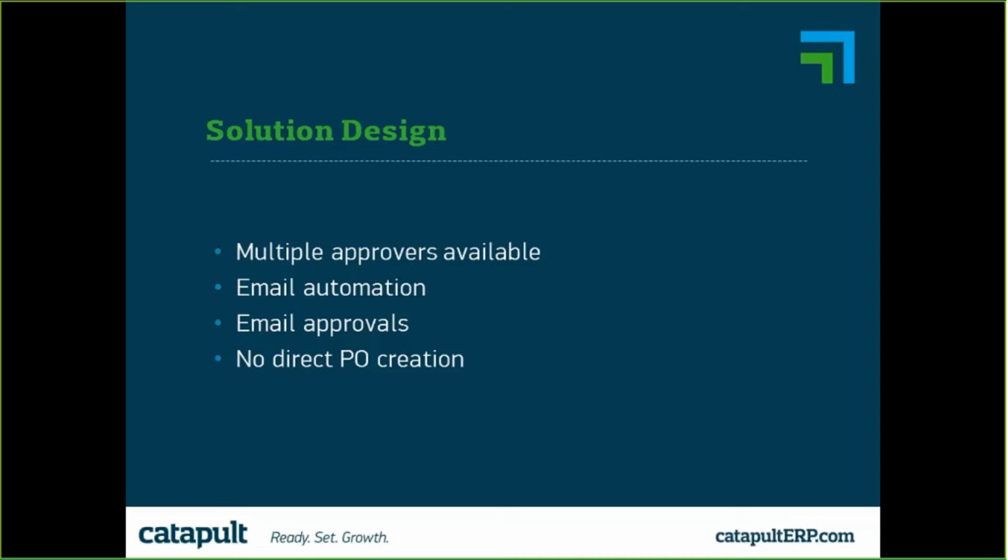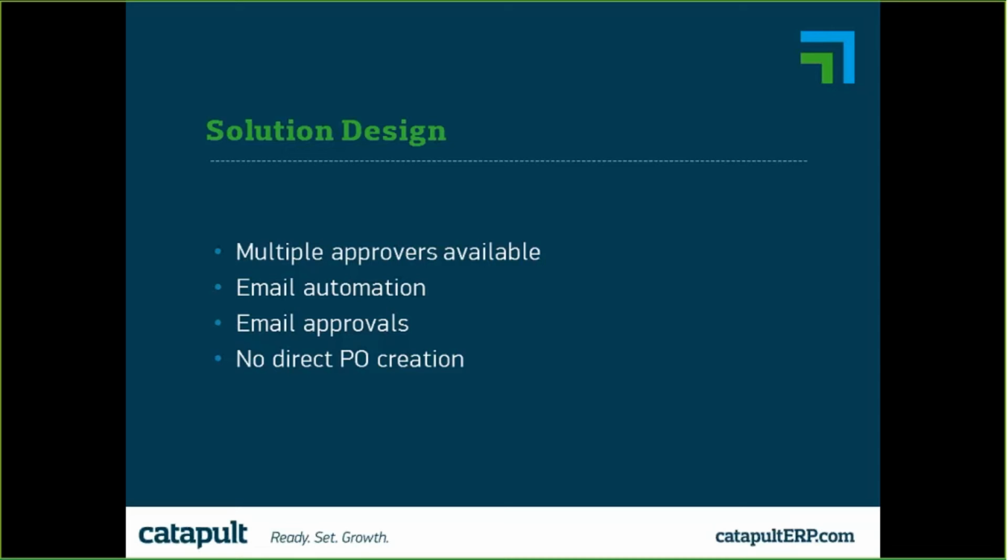So if an executive was in a meeting, they could see on their BlackBerry or on their iPhone or on their Android device, they would be able to see an email that would come in. They would just click on the hyperlink to approve it after they review the PDF, and it would automatically create the PO for them.